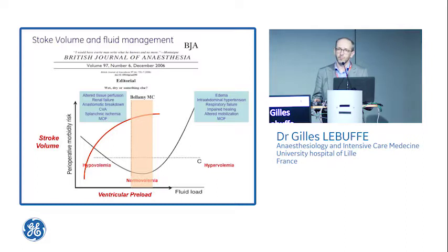But this is the same for hypervolemia, as you can see, edema, intra-abdominal hypertension, and others. And so finally, our job is to maintain the patient in the flat area of this Frank-Starling curve. It's not evident to maintain this patient in the flat area without any stroke volume monitoring. So it is important in high-risk surgical patients to get some information regarding cardiac output.